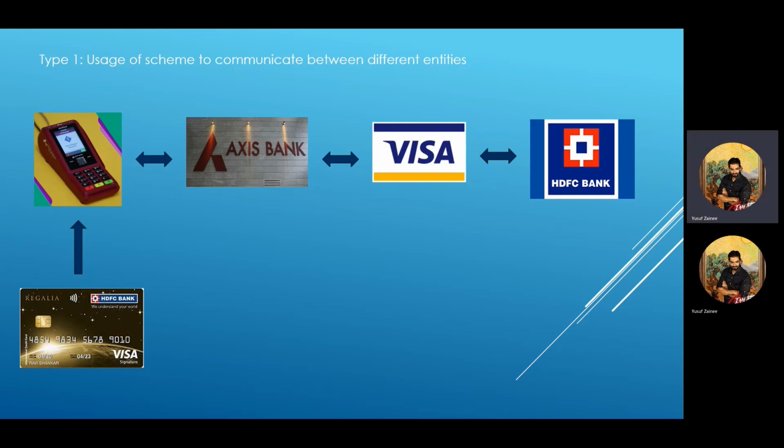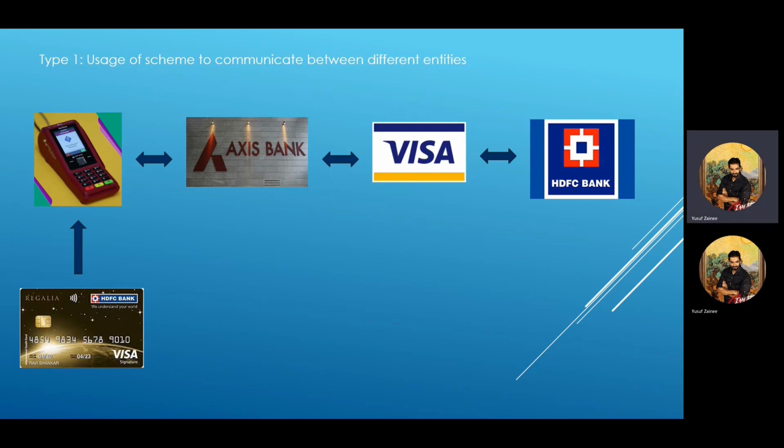So from Axis Bank, the transaction will move to Visa. Now Visa will see that this credit card is issued by HDFC, so it will forward it to HDFC, and then HDFC will do its validation and send back the response to Visa, and Visa will send back the response to the Axis Bank gateway, and then that gateway is going to send back the information to the terminal, and that is where you see that the transaction is successful, and then the receipt gets printed.